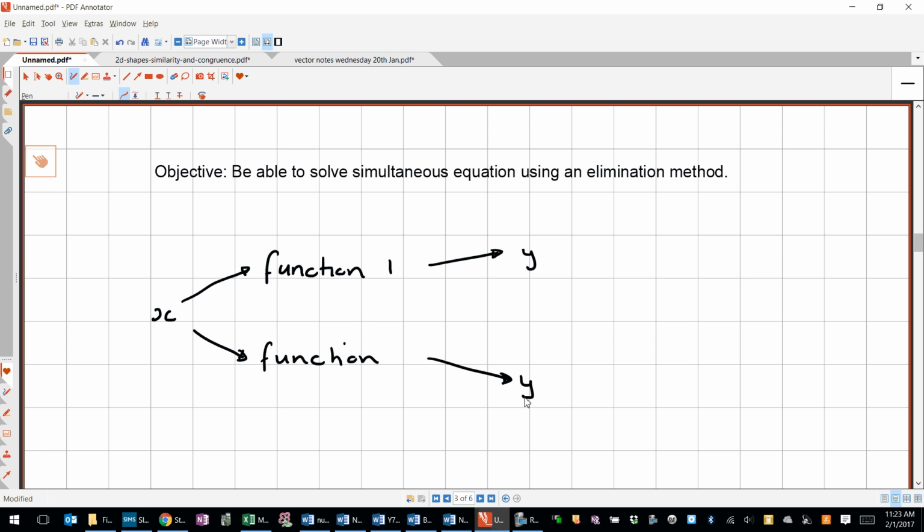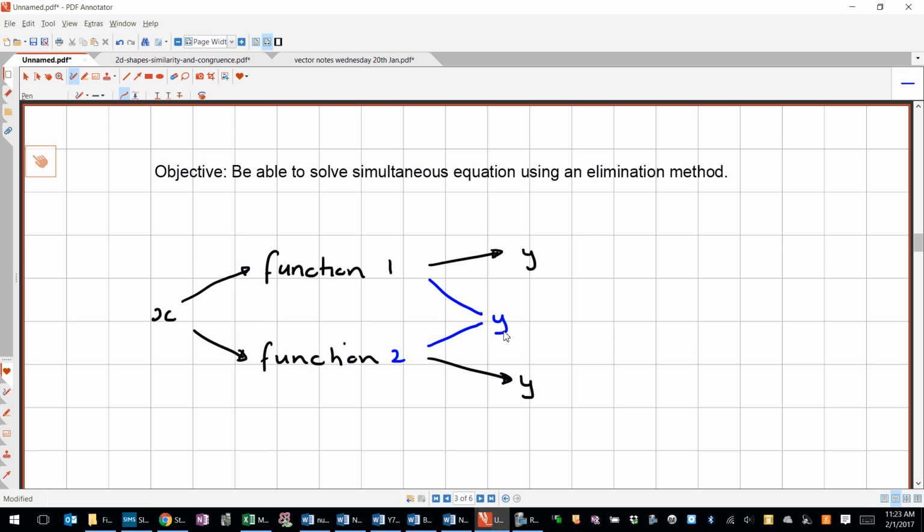However, if we are finding simultaneous solutions, even though they're two different functions, when I put an x value in, the same one, they will give the same y value.